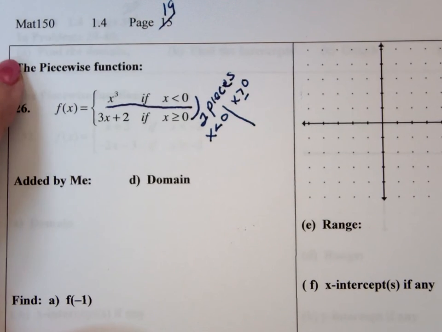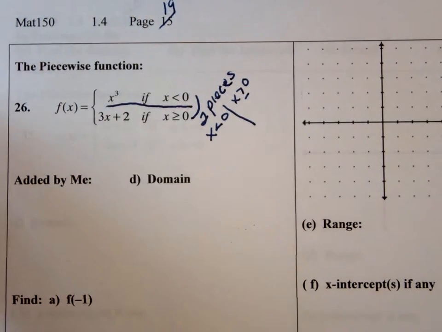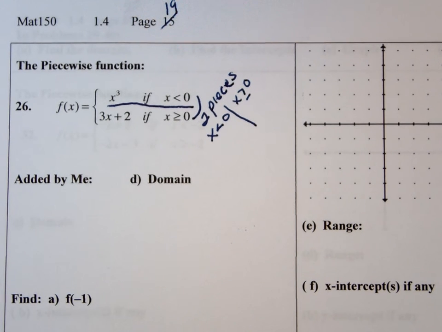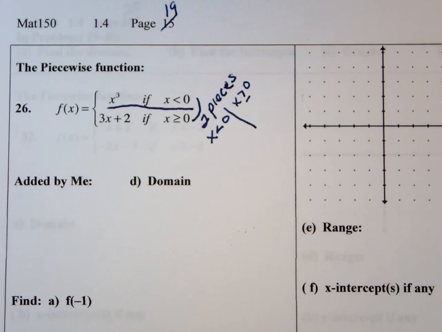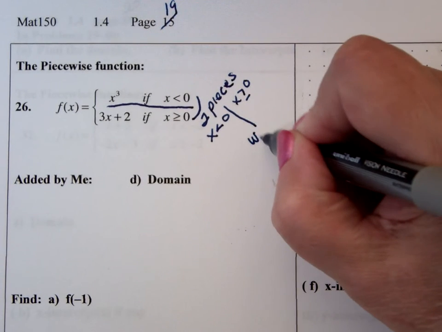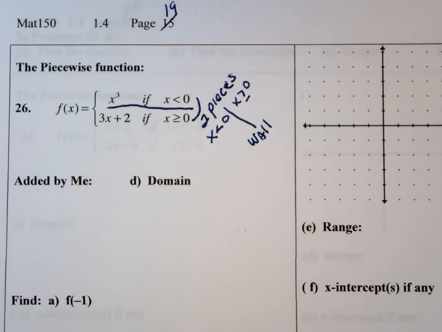So essentially what you're going to have is one piece of graph paper with two graphs on it at the same time, in which the two graphs don't cross into each other's territory. It's kind of like x equals 0 is a wall between the two graphs.